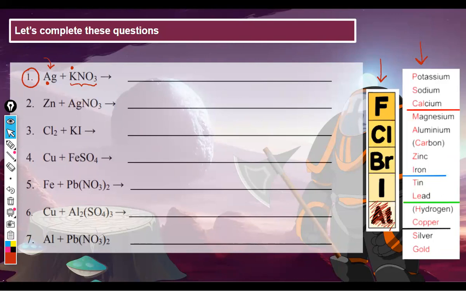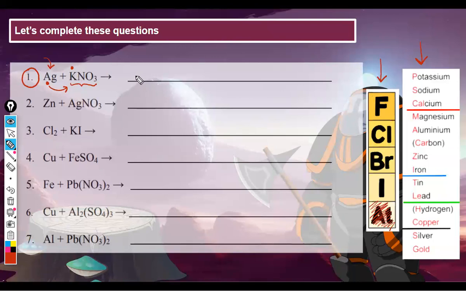Stephanie, correct. All you're doing is looking at the chart, and the higher it is, the more reactive it is. So silver comes up, but he is trying to displace the potassium. But silver cannot do that because potassium is more reactive, meaning that he's more powerful.